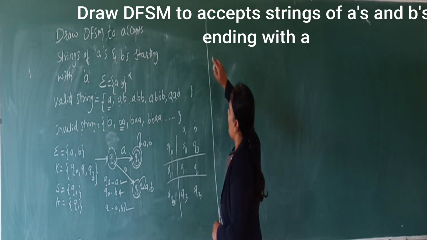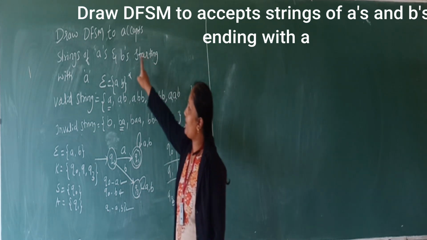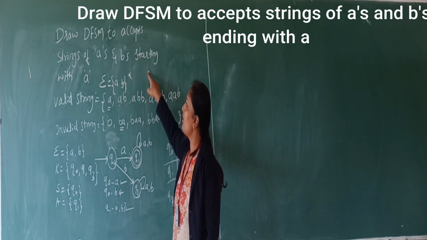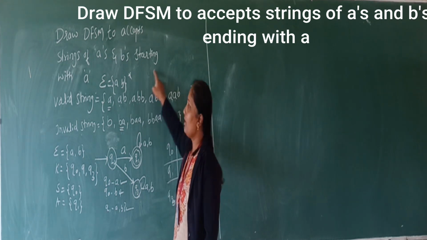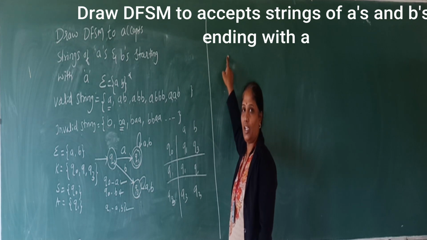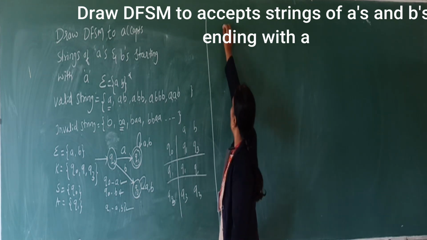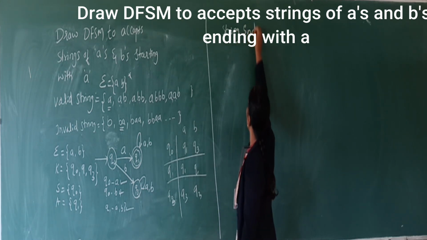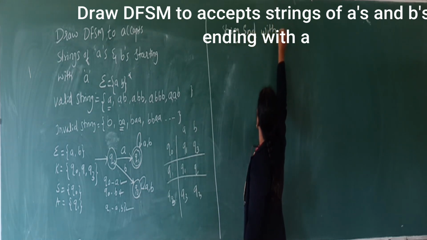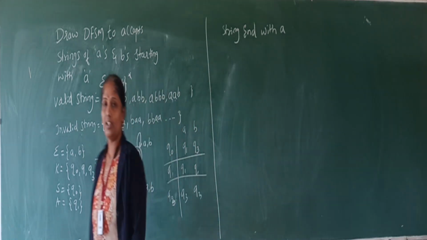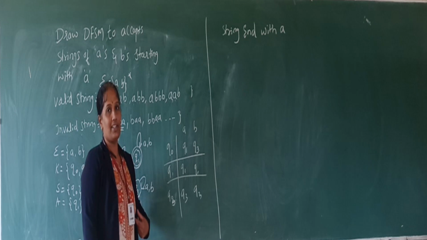In the previous example, it was starting with A. In the next example, the string should end with A. So we can easily see the difference in how to draw the DFSM for given statements.